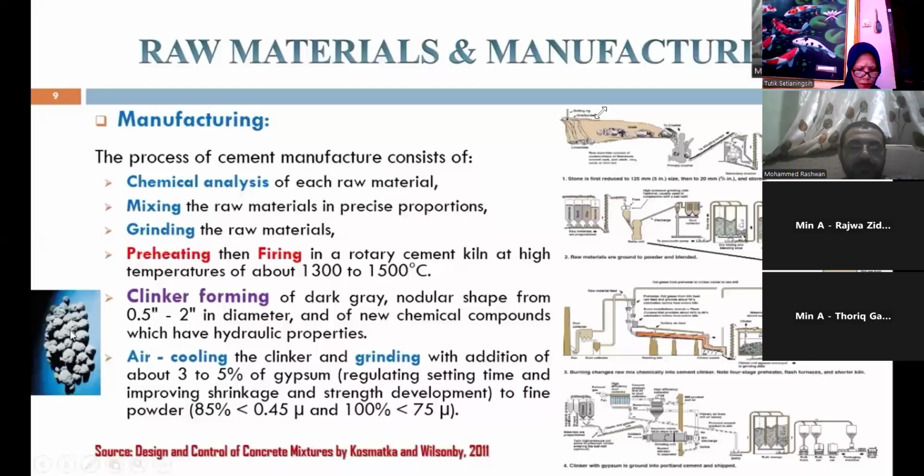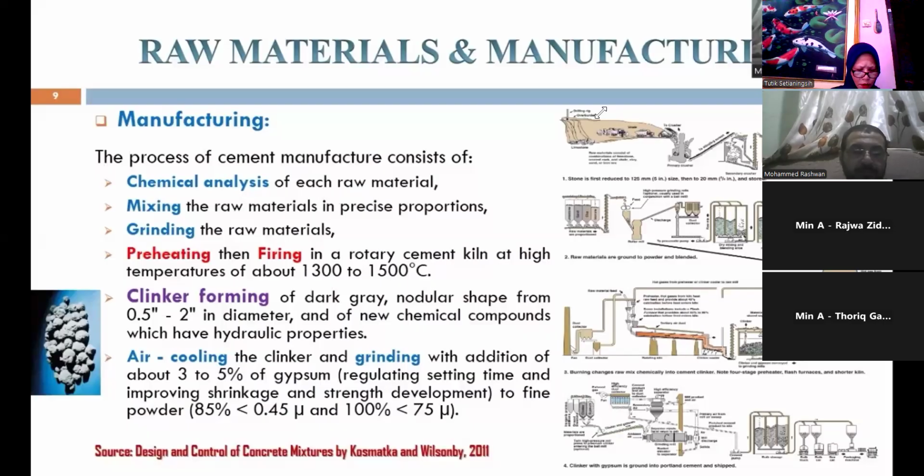This figure shows a clinker of dark gray nodular shape, and the diameter of this clinker ranges from 0.5 to 2 inches. This clinker has new chemical compounds different from the raw materials, and we will speak about these components later on.